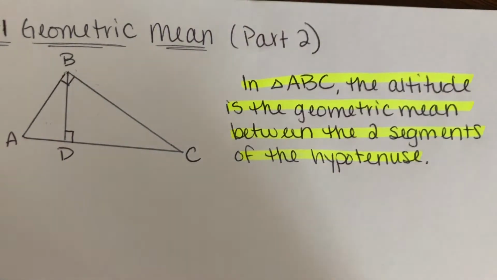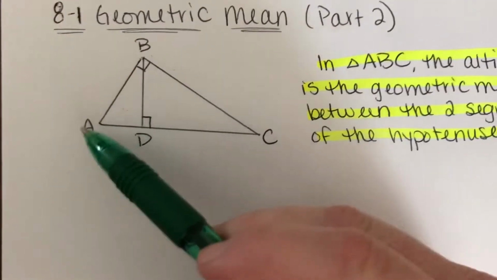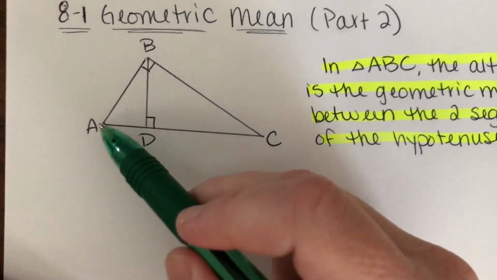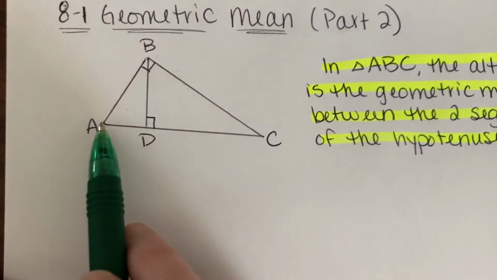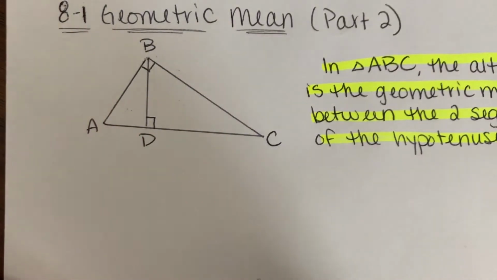All right, so here, I'm going to call each segment by its name. So this is segment AB, this is segment AD, BC, DC, right?